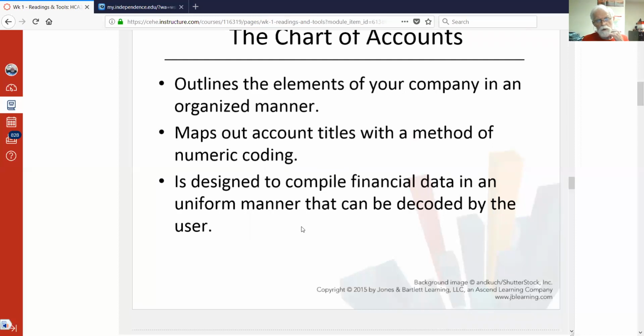Basically that is what we're looking at, and it should be in a very clearly organized structure, so that it's easy to decode.